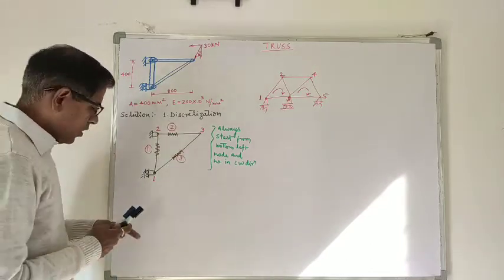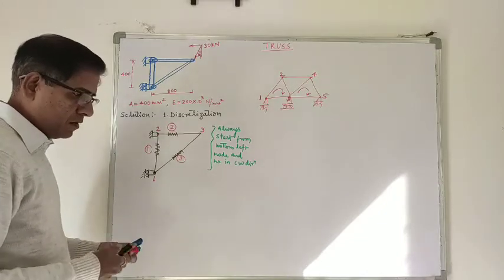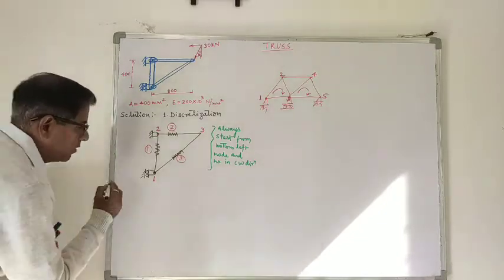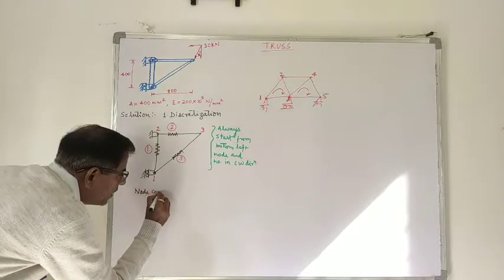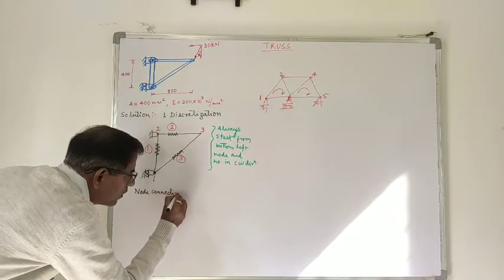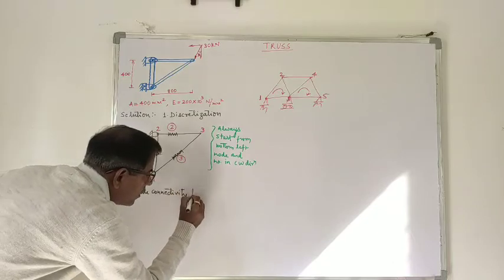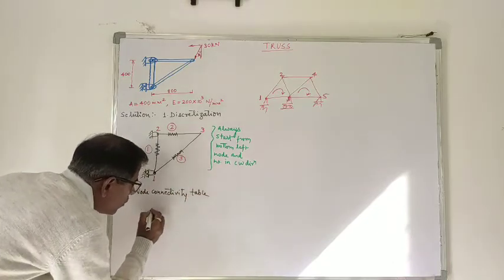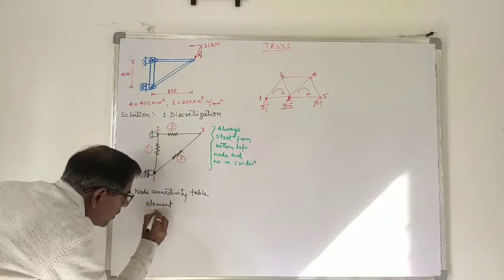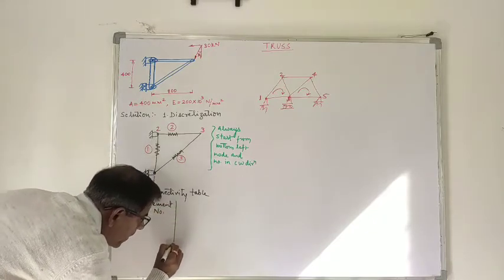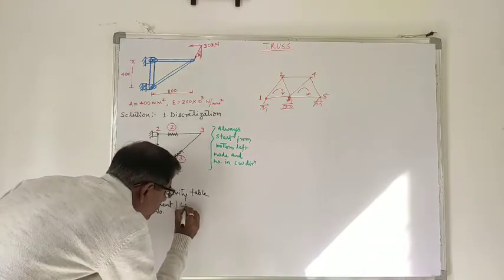Now we make the node connectivity table. In this table we have the element number and local nodes.